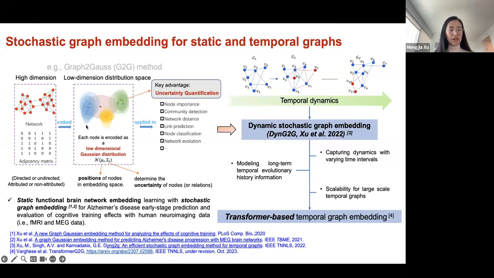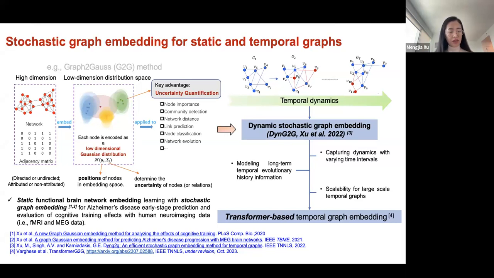And based on the important advantages of this stochastic graph embedding, we have conducted two different works on static functional brain networks, using this method for two different tasks. The first is Alzheimer's disease early stage prediction, and the other is evaluation of cognitive training effects with human neuroimaging data.